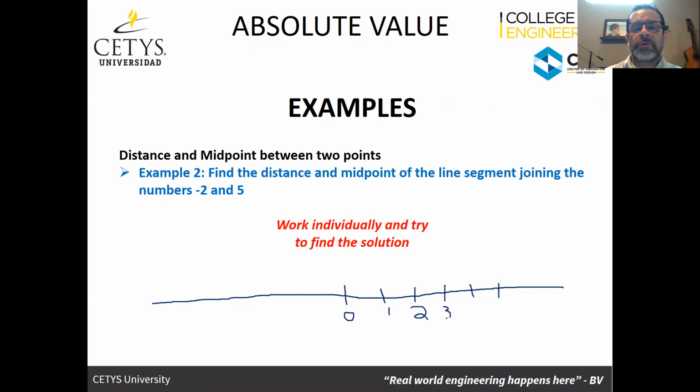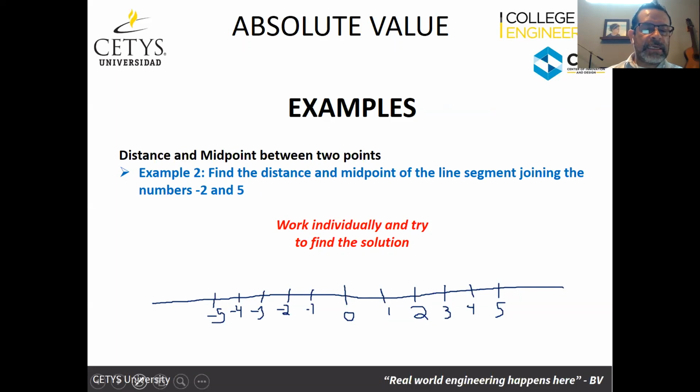On the other side, I'm going to also mark 1, 2, 3, 4, 5, but this is going to be -1. Then we're going to have -2, -3, -4, and -5.